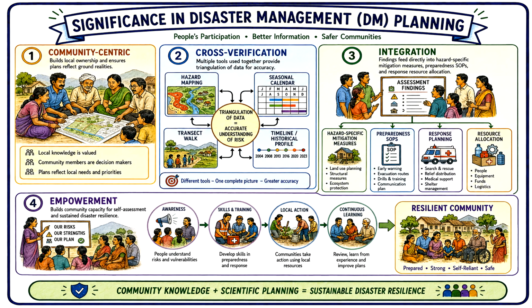Using multiple tools together enables cross-verification and triangulation of data, improving the accuracy and reliability of risk assessment. The findings support the design of hazard-specific mitigation measures, preparedness plans, standard operating procedures, and efficient resource allocation for response and recovery.